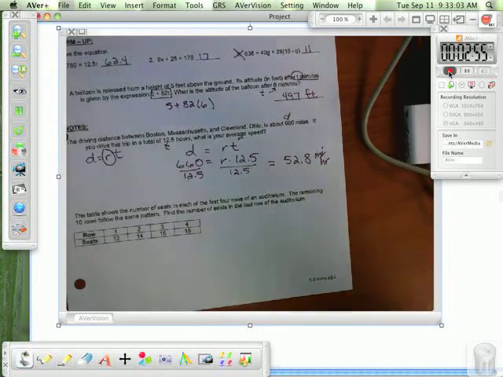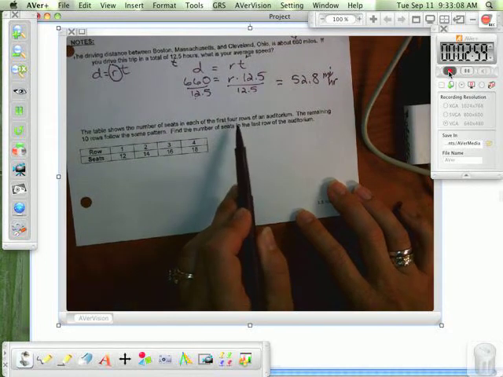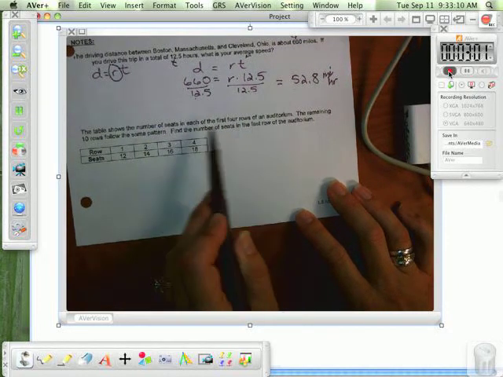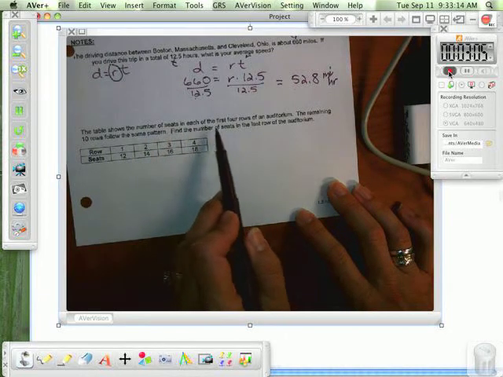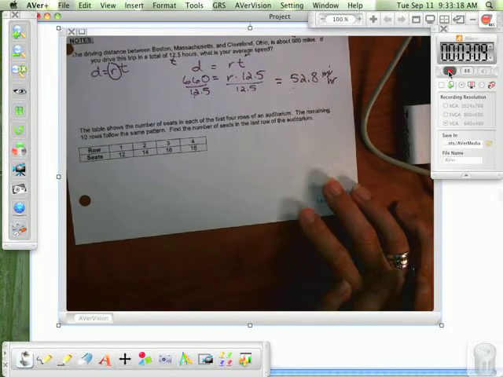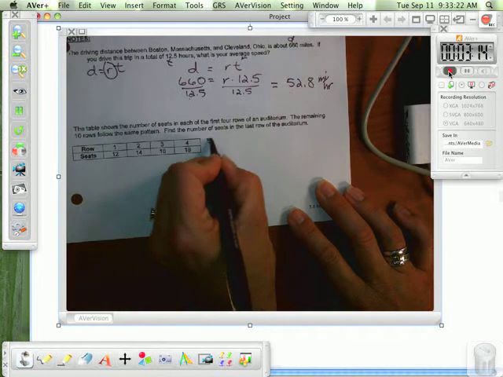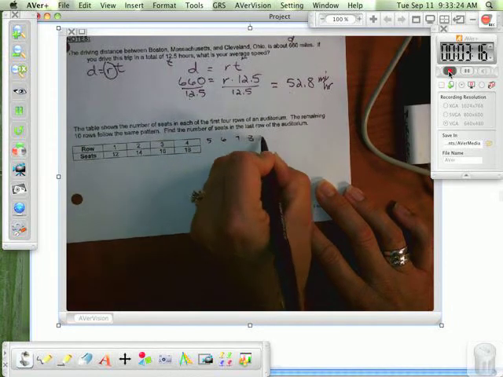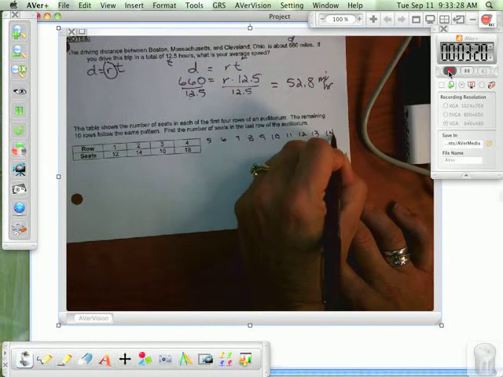Okay. The next one. The table shows the number of seats in each of the first 4 rows of an auditorium. The remaining 10 rows follow the same pattern. Find the number of seats in the last row of the auditorium. Now, if you want to, you can just do this. But of course, there's a better way, which I'll show you.